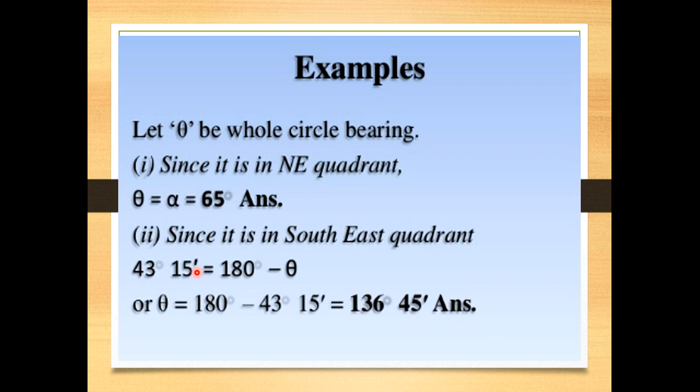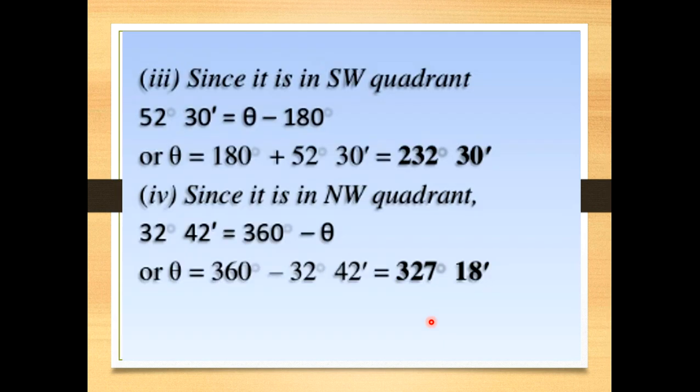How to calculate whole circle bearing? Whole circle bearing is calculated by the formula theta is equal to 180 minus RB. So 180 minus 43 degree 15 minute, then we get 136 degree 45 minute.